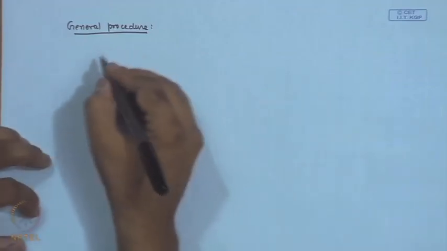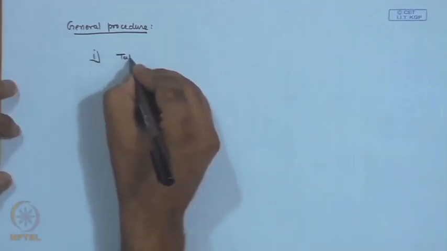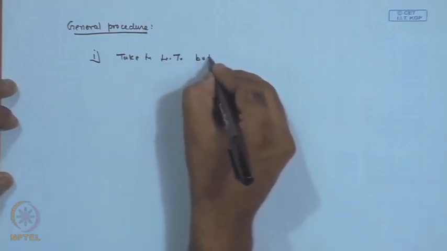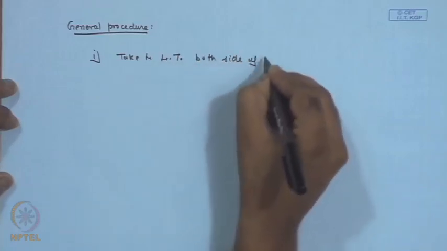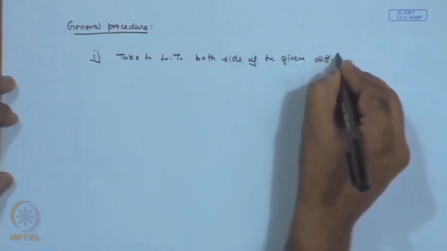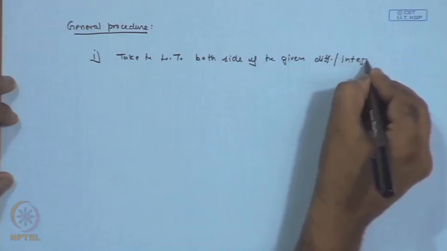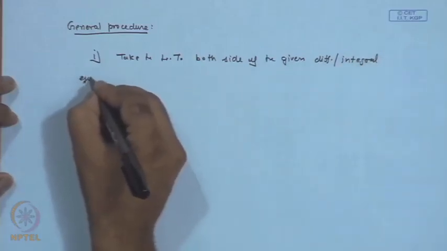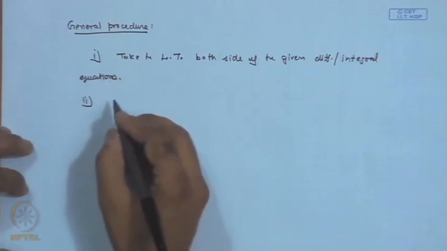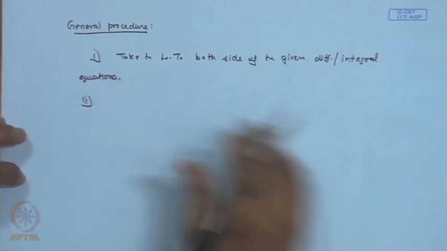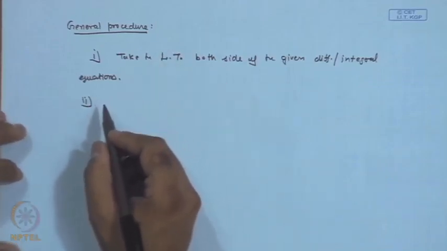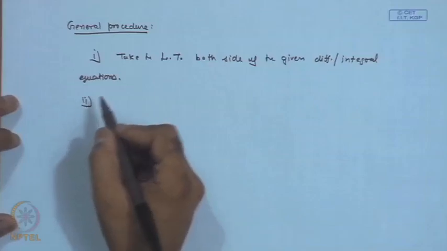So, the general procedure is that first we take the Laplace transform of both sides of the given differential or integral equation. In the second step, after taking this Laplace transform, we will get either an algebraic equation or an ordinary differential equation.